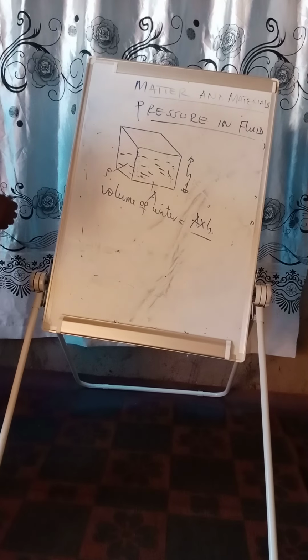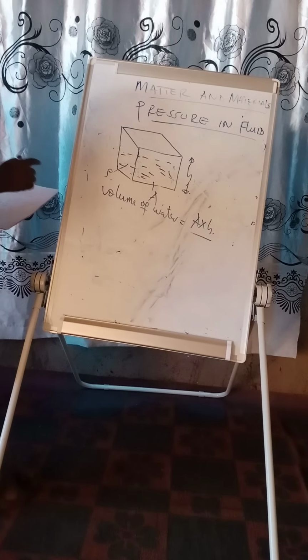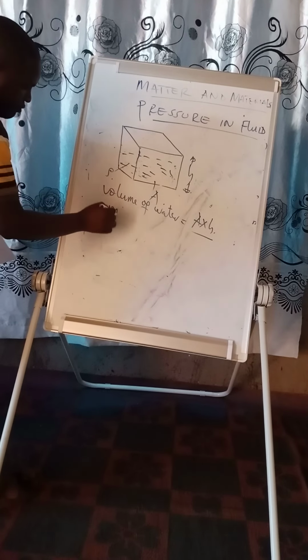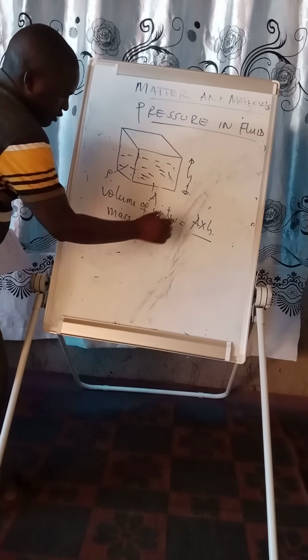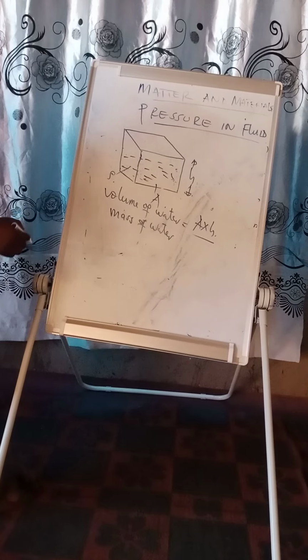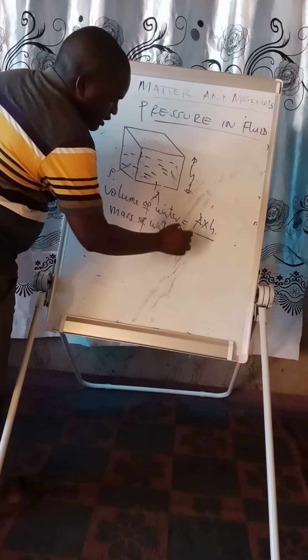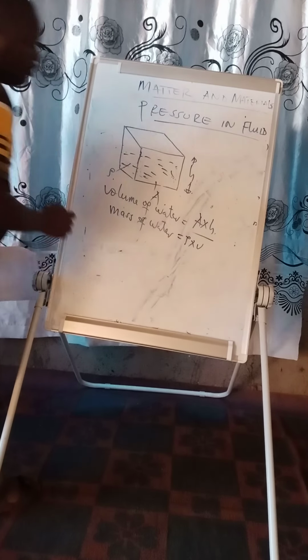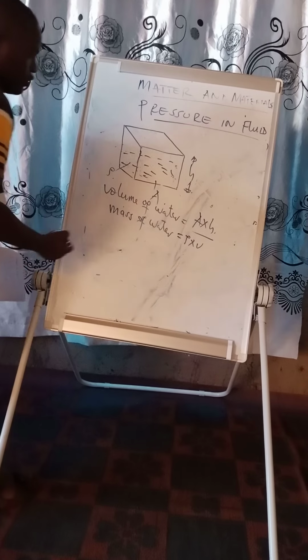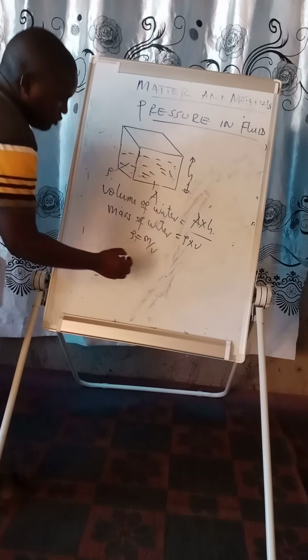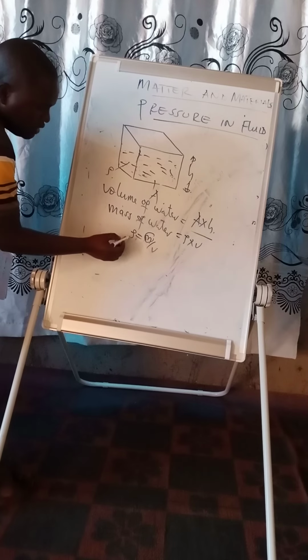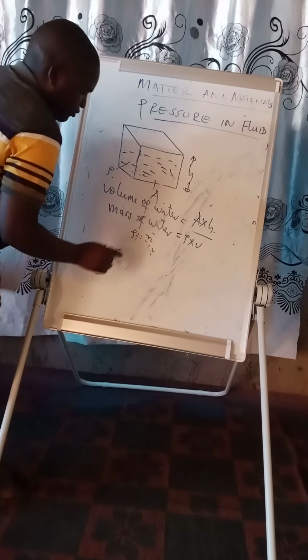And also we have to find the mass of water. Mass of water is given by density times volume. Why density times volume? Because density is given by mass over volume. So now mass will be given by density times volume.